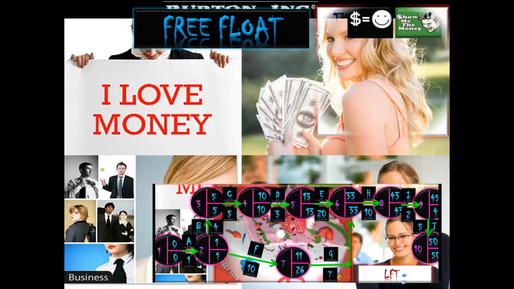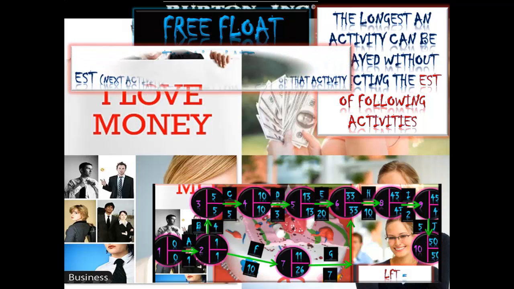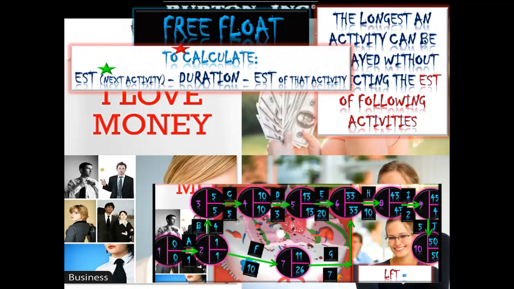Free float. This is the longest an activity can be delayed without affecting the earliest start time of the following activity. The calculation: the earliest start time of the next activity less the duration minus the earliest start time of that particular activity.